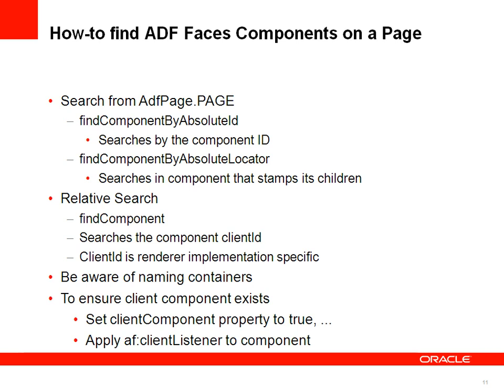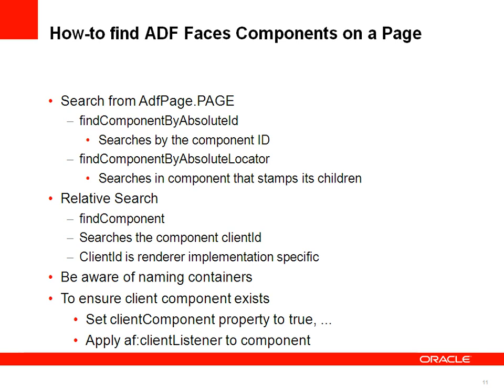One pitfall which a lot of developers fall into is that they try to access an object that doesn't exist. As I mentioned very early, we always try to do a hybrid approach. We try to generate HTML for as much as we can for better performance. This means that components like input text fields or output text fields are not represented by their JavaScript object, which is the AF rich input text field for the input text field.